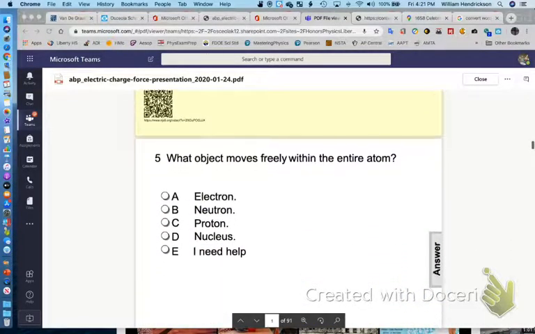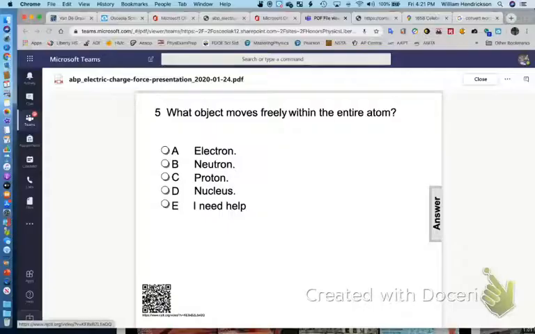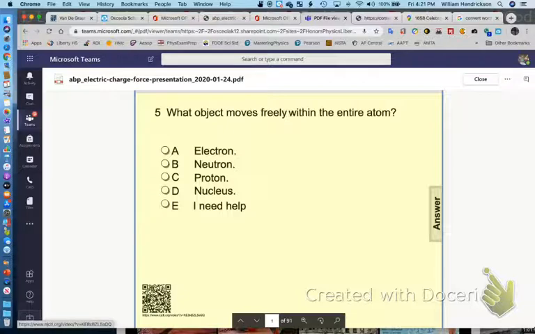Which object moves freely within the entire atom? A, the electron. B, the neutron. Try this again.